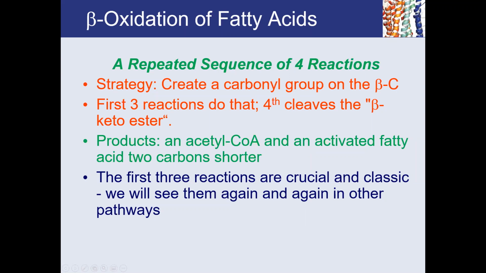And the strategy in carrying out this sequence of reactions is that you create a carbonyl group on the beta carbon. The first three reactions of the four will do that. All you are doing is creating a carbonyl group at the beta carbon.